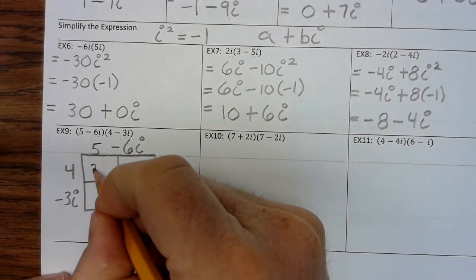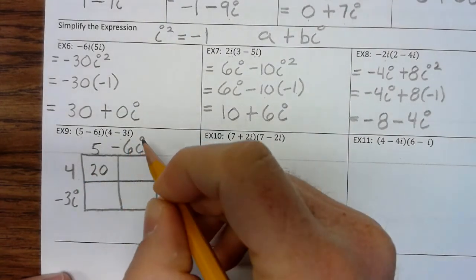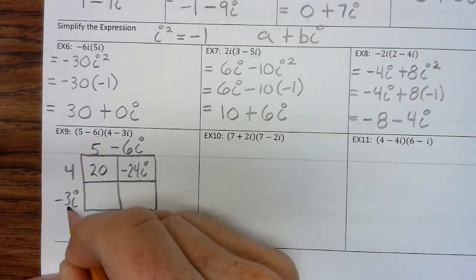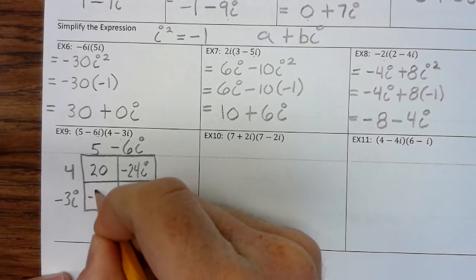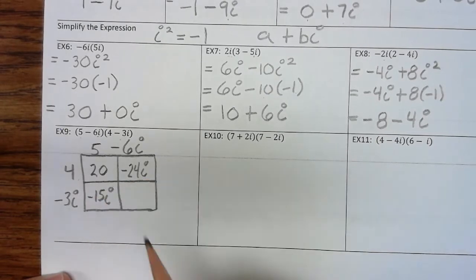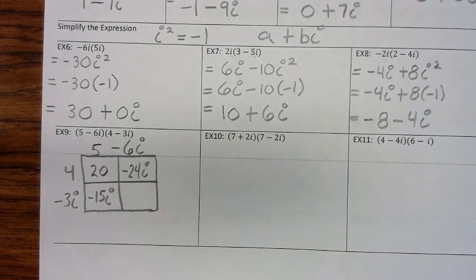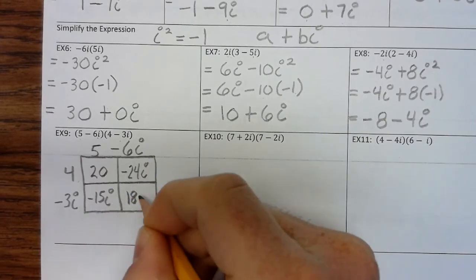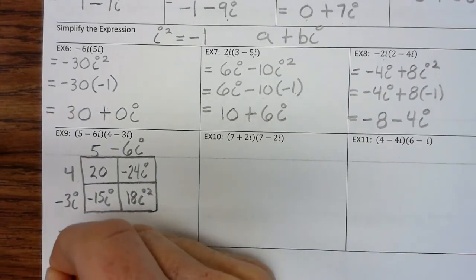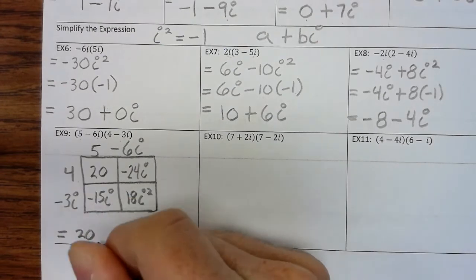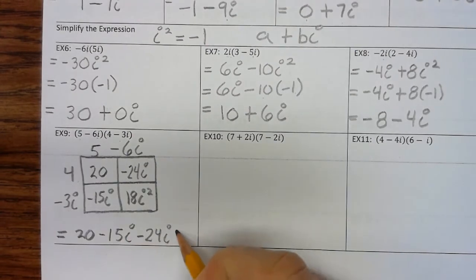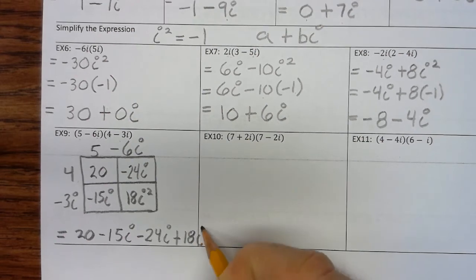So 4 times 5 is 20. 4 times negative 6 is negative 24. Negative 3i times 5 is negative 15i. And then negative 3 times negative 6 is 18. And I times I is I squared. So you have 20 minus 15i minus 24i plus 18i squared.